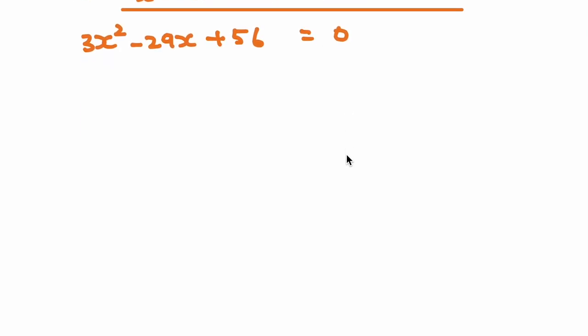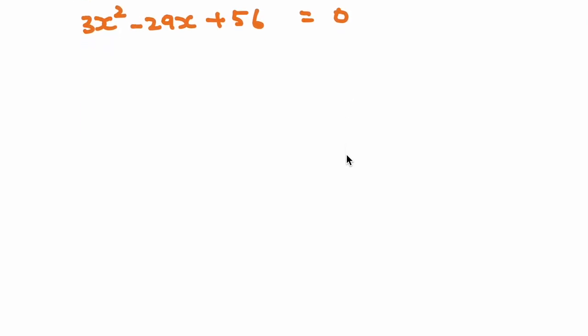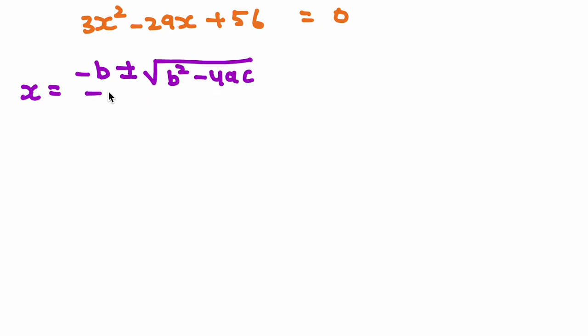Now we can choose any method to solve it: by factoring, by quadratic formula, or by completing the square. I am solving by the quadratic formula. The quadratic formula is x equals negative b plus or minus the square root of b squared minus 4ac, all over 2a.